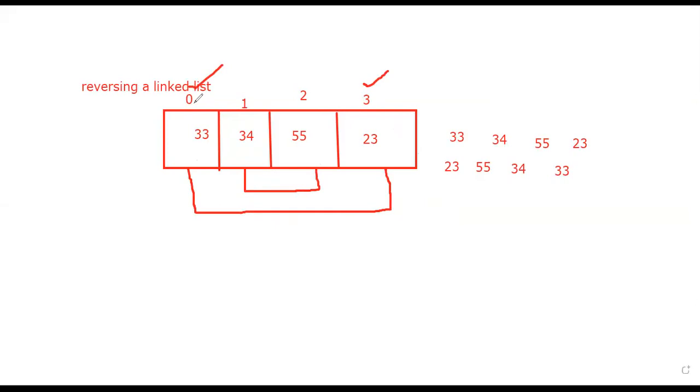Simply, what will happen? See here, in the last position, the first value is there. This is the first value, now it is in the last position. The last position value becomes the first value. Here also the same thing happened. The position one value is swapped to position two, and position two comes in place of position one. If you take any number of elements, the procedure is like this only.